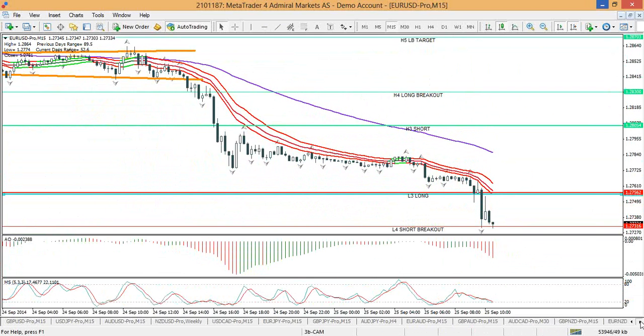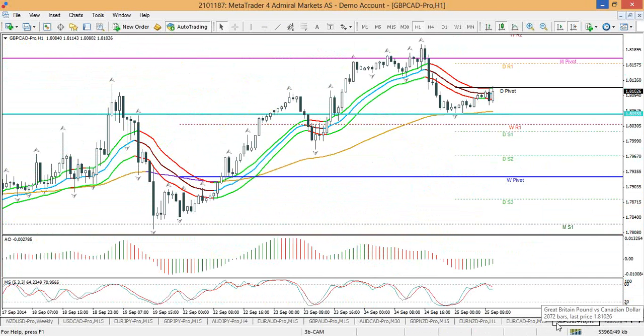Obviously it's a worse price than the L3, so it all depends from trader to trader how comfortable they feel with the lower breakouts or worse price breakouts, relatively speaking.